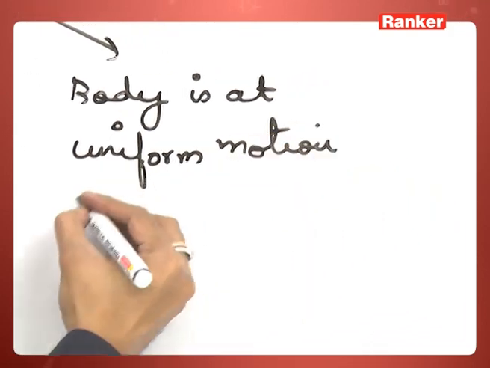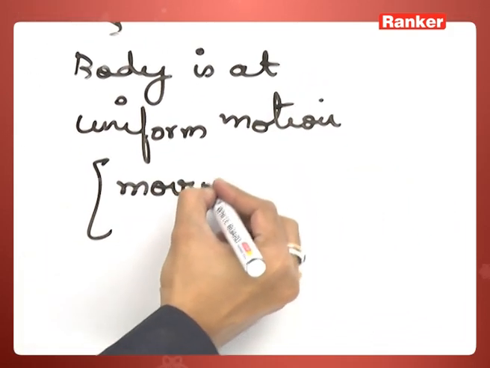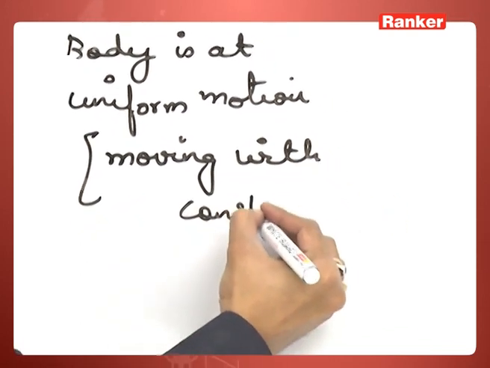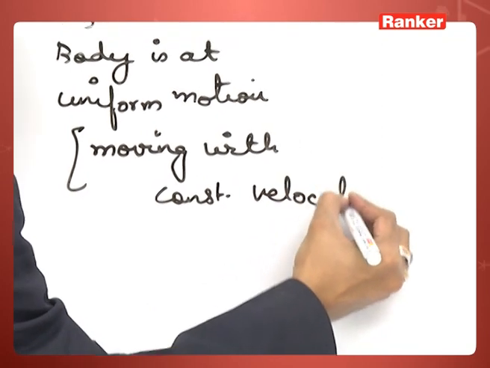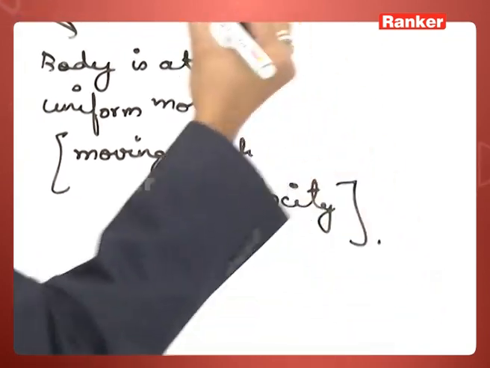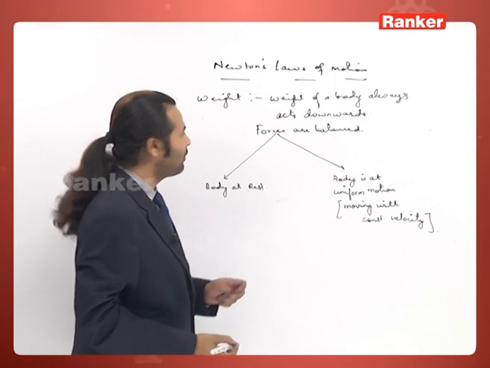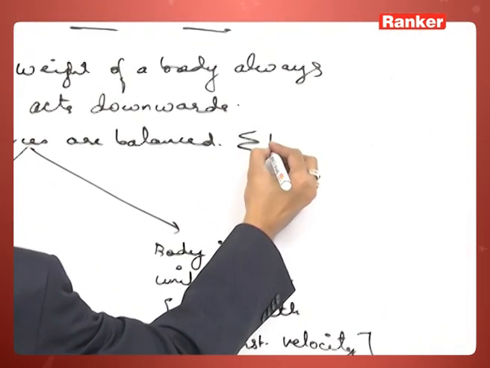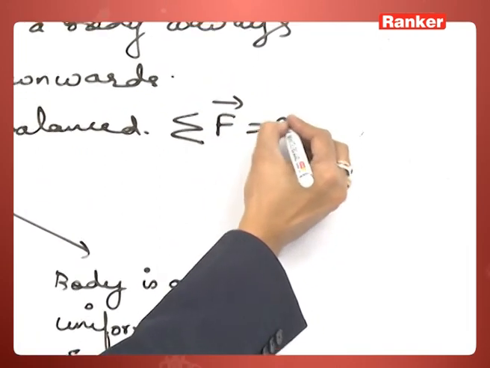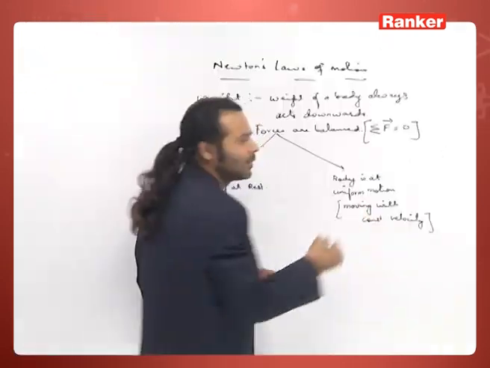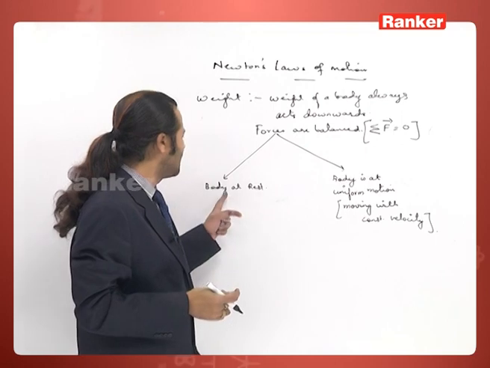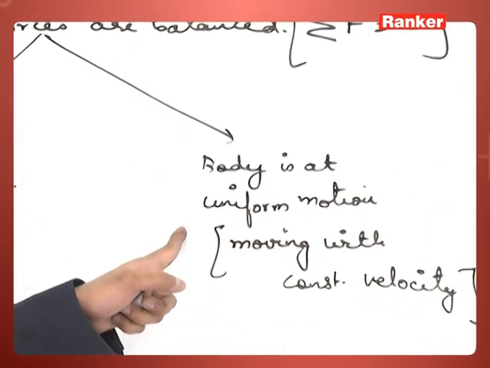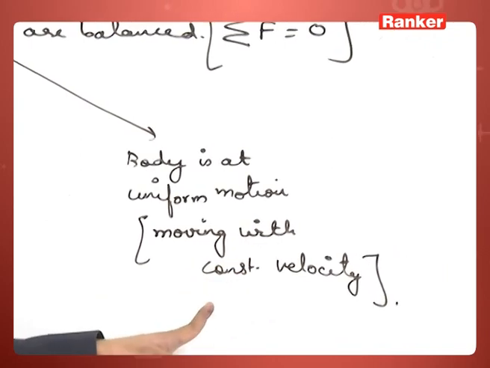Uniform motion means moving with constant velocity. Now when we say forces are balanced, summation of all the forces must be equal to 0. This is called forces are balanced. Either the body is at rest or body is at uniform motion, moving with constant velocity.